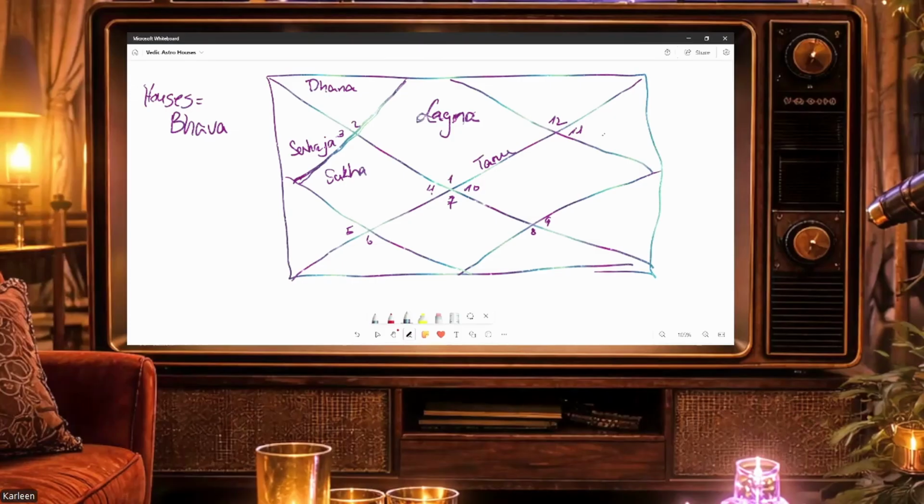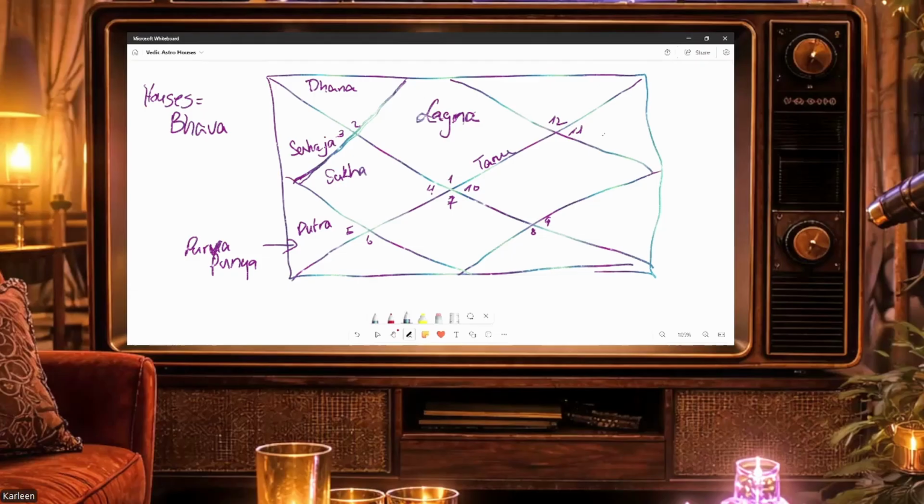The fifth bhava is called the Putra bhava. And this is also where Purva Punya is placed. And the Purva Punya is the collection of past life merits. So in your past lives, you probably did some good deeds at some point, right?